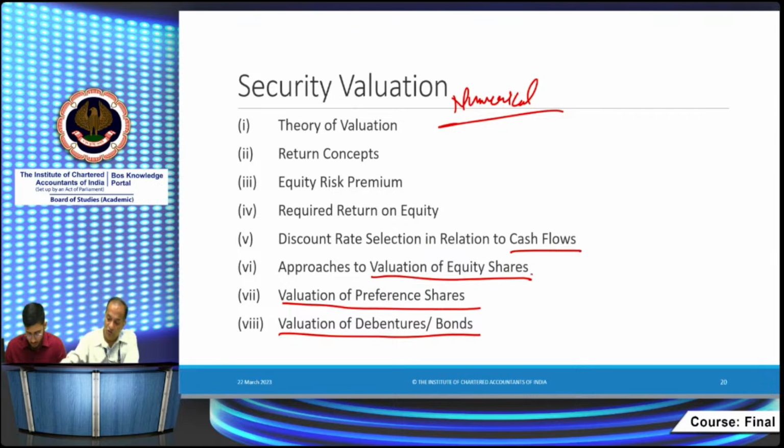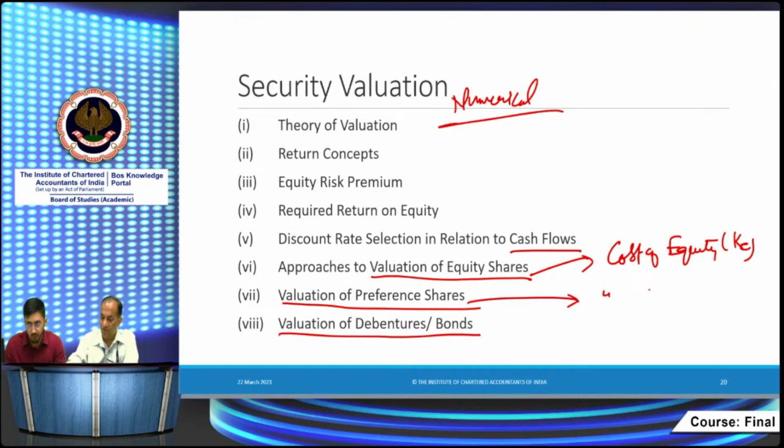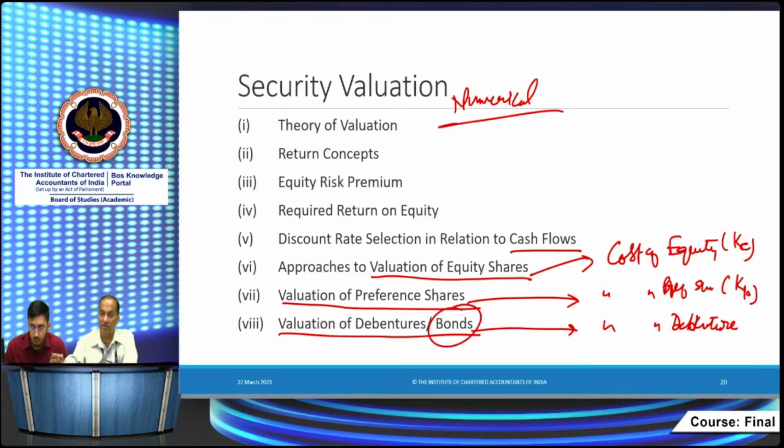Students, when you discussed the topic of cost of capital, there are three types: cost of equity, that is KE, cost of preference shares, and cost of debenture or bonds. Normally we use the term bonds, though debentures are there too. That is called KD.